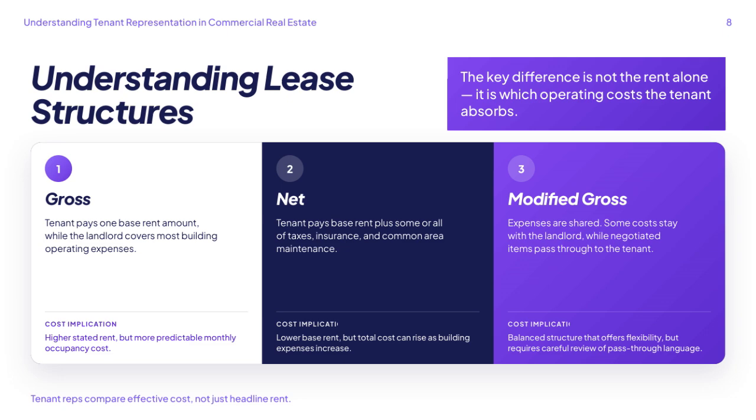Some expenses remain with the landlord, while other costs are passed through to the tenant based on negotiation. This offers flexibility, but requires tenants to carefully review which costs they're actually taking on. A crucial point for tenant representatives is to compare the effective cost of these leases, not just the headline rent. Understanding these nuances helps ensure tenants make informed decisions about their occupancy costs.